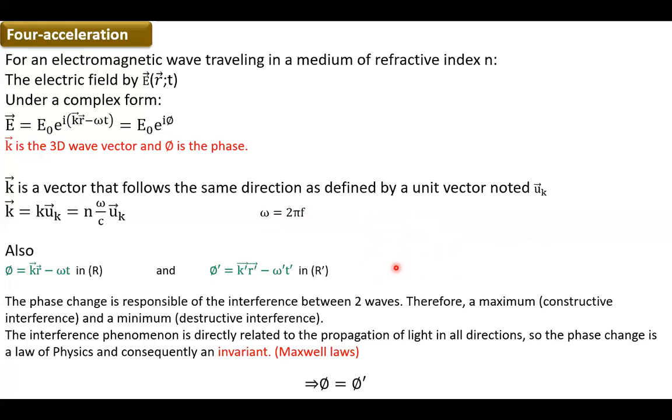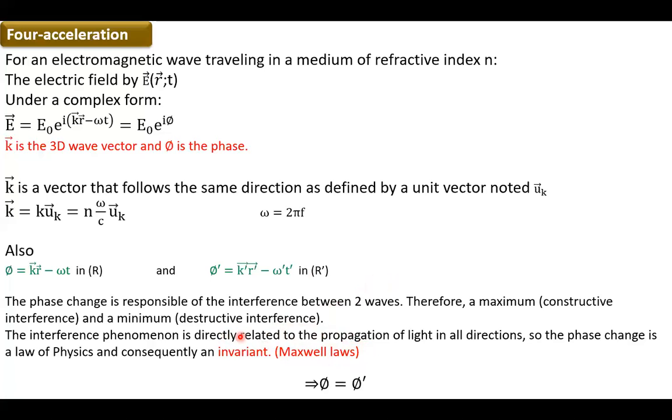This is a physical phenomenon, a reality of physics independent of any frame. So in R and in R prime, you will observe the same interference. So this phase, this interference, is not variant, it is an invariant because it follows the Maxwell laws. Maxwell laws are independent of the frames. Maxwell laws are invariant, so they are real laws of physics.